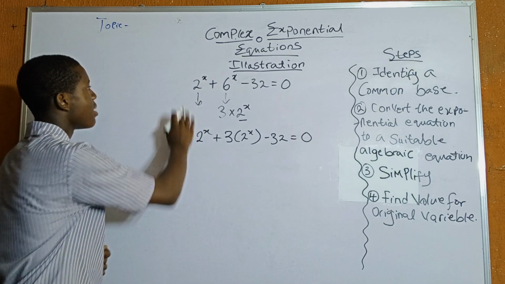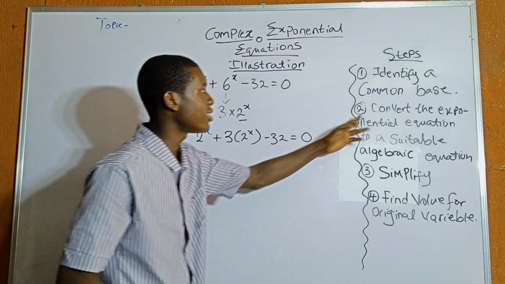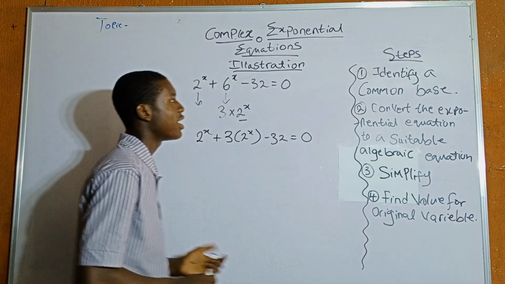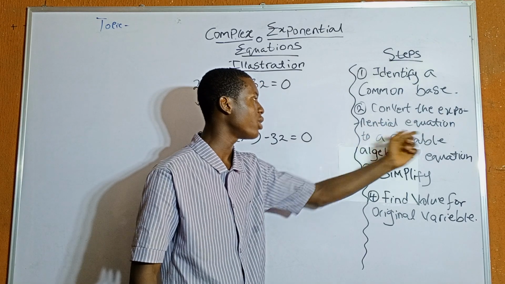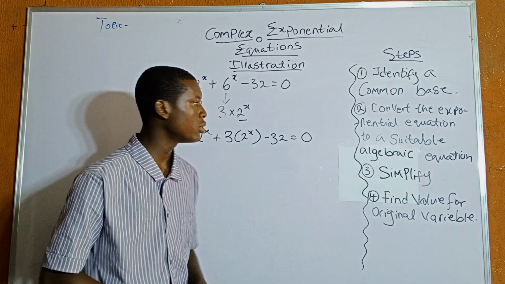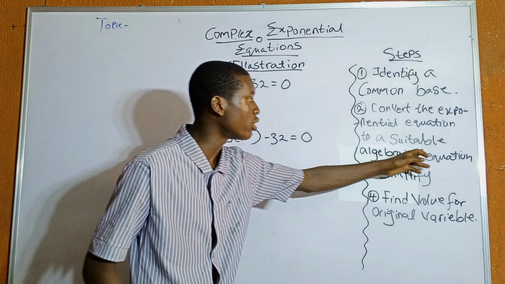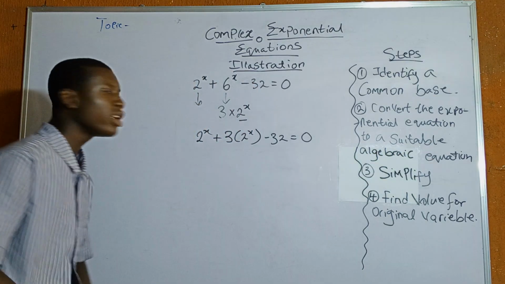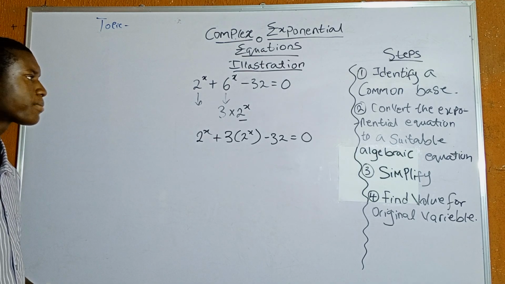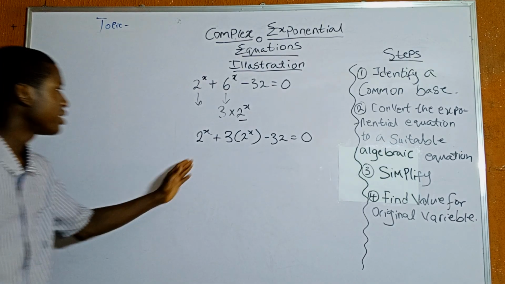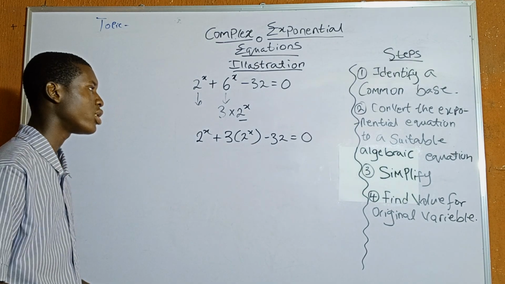Now this is step 1. In order to know what to do in step 2, let us read out what it says. It says convert the exponential equation to a simple algebraic equation. To a suitable algebraic equation, sorry. What do they mean by a simple algebraic equation? In this case, this equation will be turned into a simple algebraic equation.